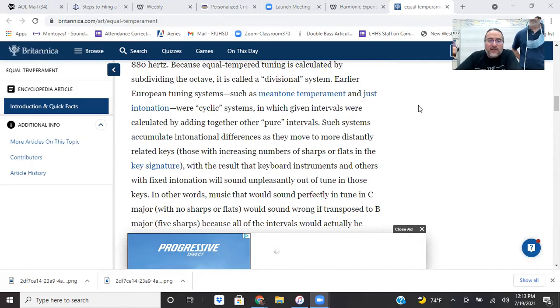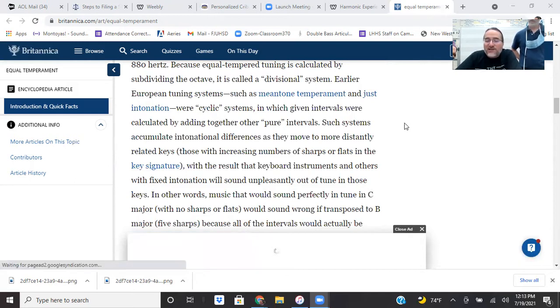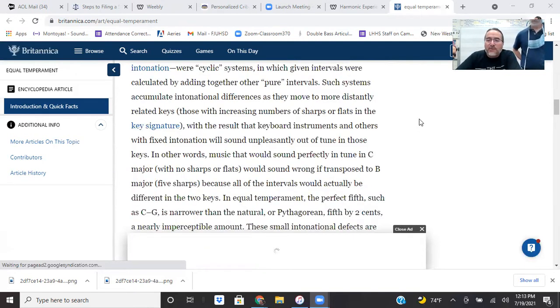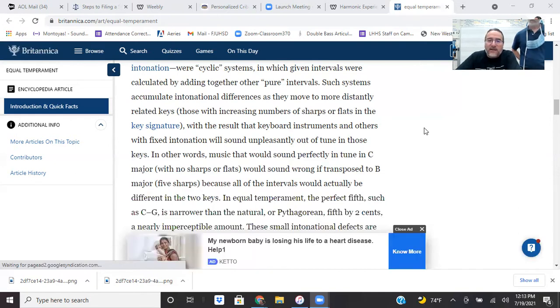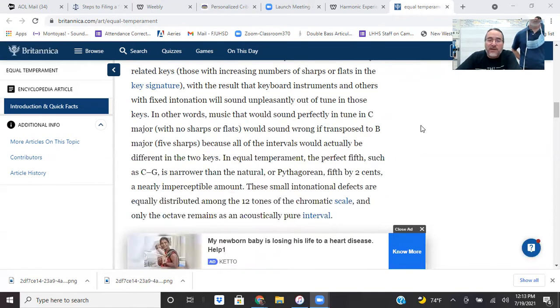Such systems accumulate intonational differences as they move to more distantly related keys, those with increasing numbers of sharps and flats in the key signature. As a result, keyboard instruments and other fixed intonation will sound unpleasantly out of tune in those keys. In other words, music that would sound perfectly in tune in C major with no sharps or flats would sound wrong if transposed to B major, five sharps, because all the intervals would actually be different in the two keys.